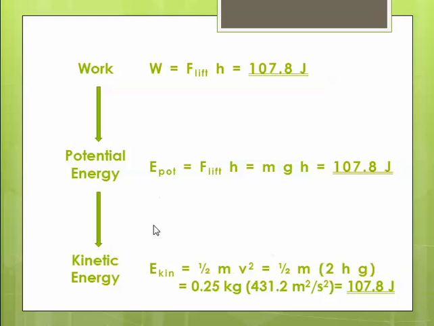kinetic energy. Now here you see the formula for the kinetic energy. Kinetic energy is given by a half times m times v squared. Let's put in v squared. On one of the earlier slides, I calculated the value for v at the bottom.